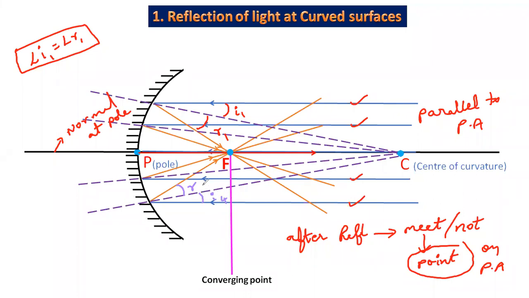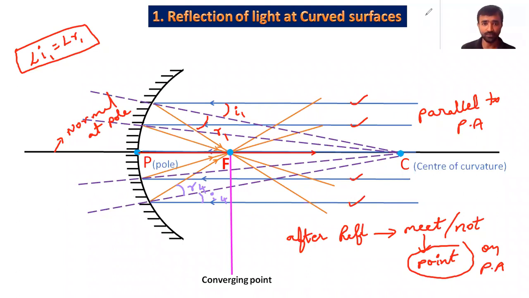Both are on opposite sides of the normal. Remember that they are not on the same side. Suppose the angle of incidence is above the normal, then the angle of reflection will be below the normal for any mirror. Is it clear?